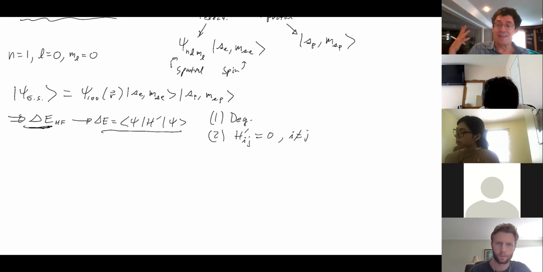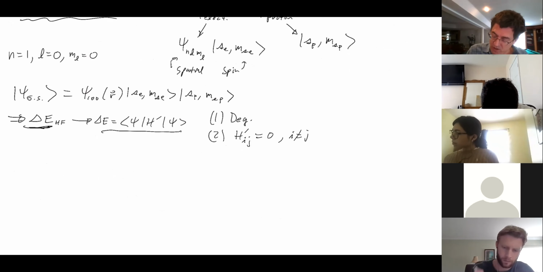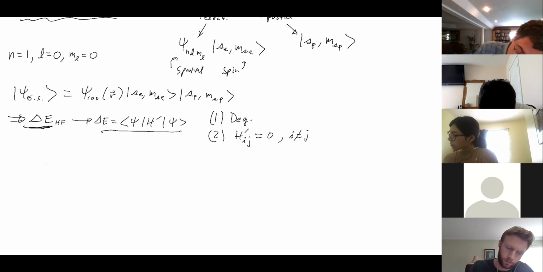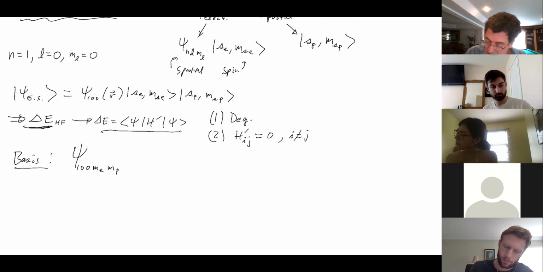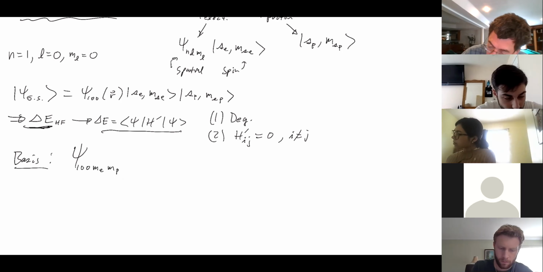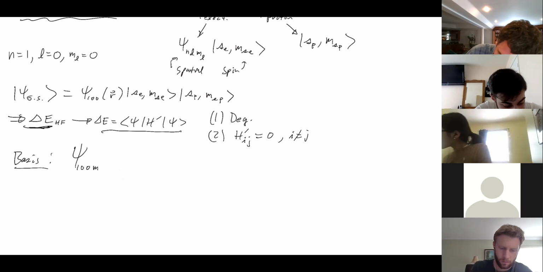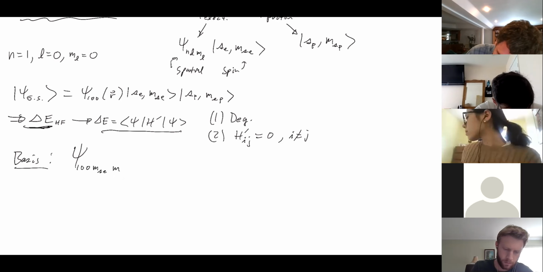Let's do our elegant trick, because we know that our basis states are now 1, 0, 0, m sub s e, m sub s p.